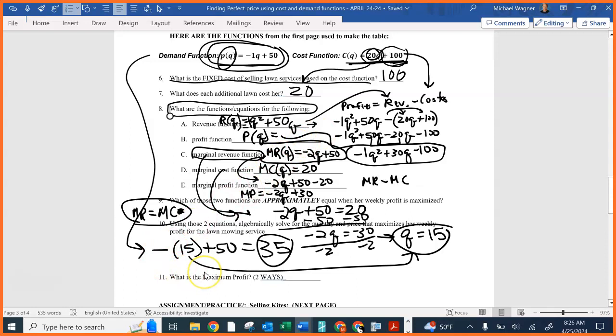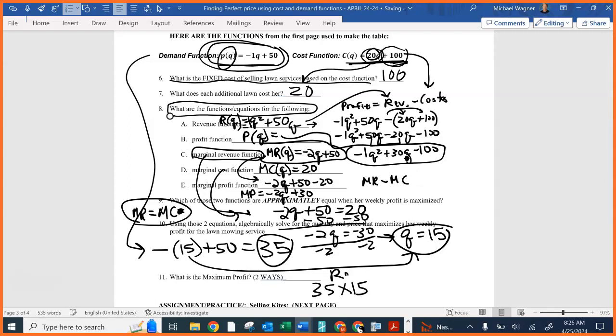Now one last thing, and then we'll wrap up. What is the maximum profit going to be? Well, two ways you can do it, right? You can use the profit function because we've already got it, and you can plug in 15 in the equation, you can get the amount. Or you could use the cost function if you wanted to. You could figure out, well, the revenue is going to be 35 times 15, right?